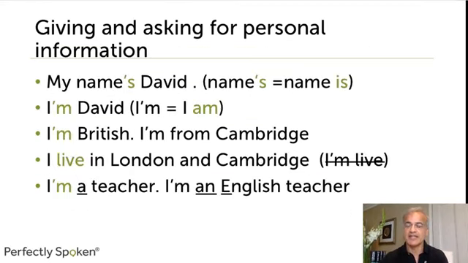My name's David, name is. I'm David. I'm British, I'm from Cambridge. I live in London and Cambridge, not live. I'm a teacher, I'm an English, E, a vowel. I'm an English teacher.